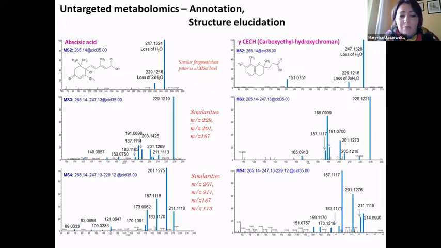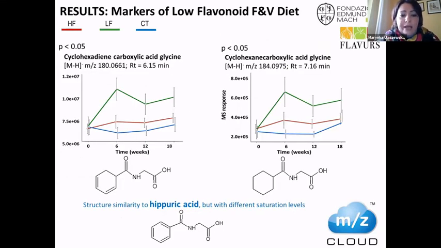The other metabolites were related to the hippuric acid: cyclohexadiene carboxylic acid glycine and cyclohexane carboxylic acid glycine. So the names are almost the same, but you see the structure. There are two double bonds more in the cyclohexadiene, while there are no double bonds in the cyclohexane. They both belong to the hippuric acid pathway.